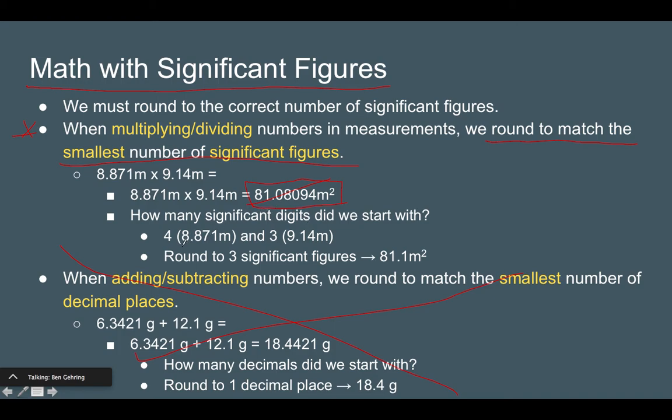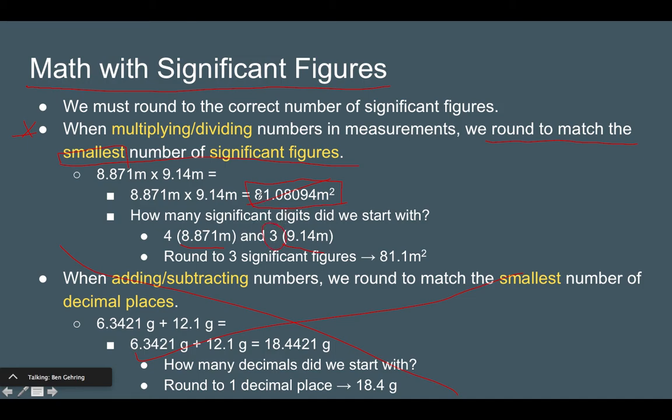This number 8.871 has 4 because all of those are not 0. And this one, 9.41, has 3 because all of those are not 0 either. So I have 3 on this one and 4 on this one. Is 3 or 4 bigger? In this case 4 is bigger, so we want the smallest number. I should ask which one is smaller. I want the smallest number, so we're going to round our number to 3 significant digits.